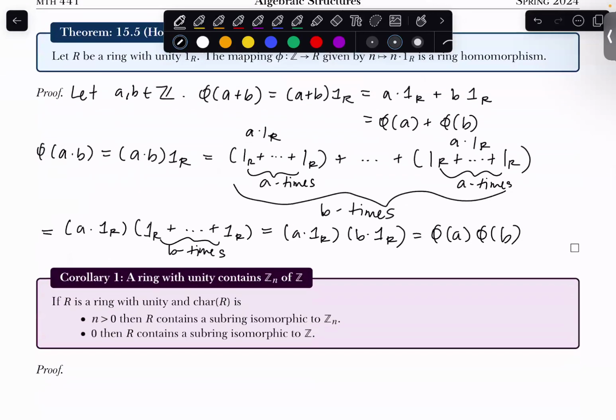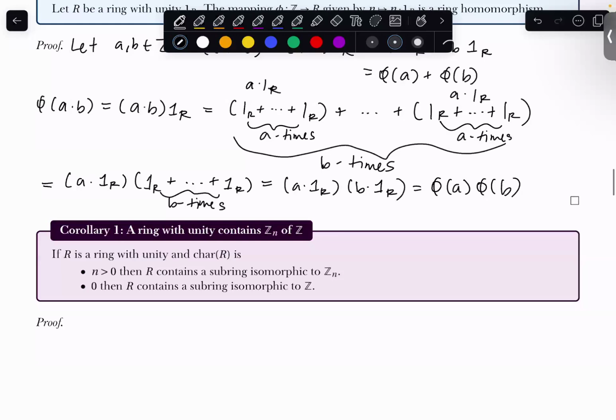Okay, so this gives us a couple pieces of information. Here we know that a ring is either going to have characteristic 0 or it's going to have characteristic bigger than 0. And if we have unity, it actually gives us a lot of information. It just depends on what the unity's additive order is to tell us what the characteristic is.